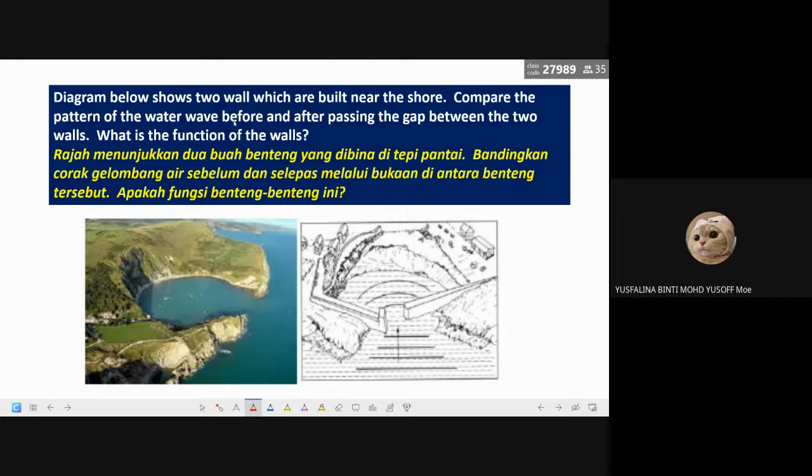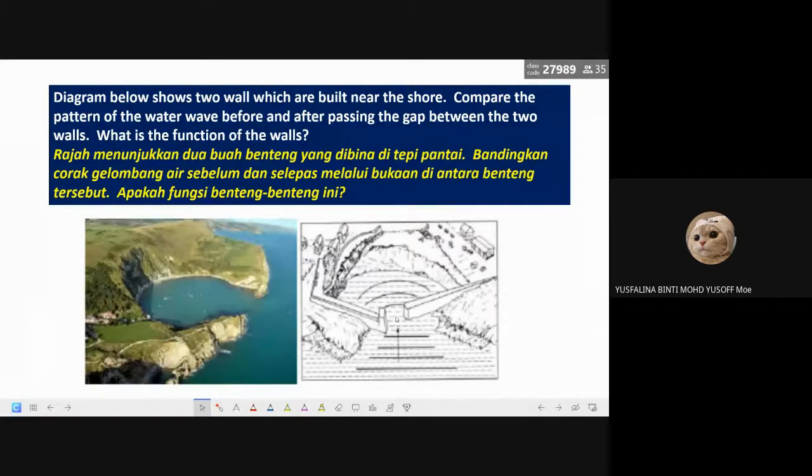Here it says the diagram below shows two walls which are built near the shore. Compare the pattern of the water wave before and after passing the gap between the two walls. You can see that before it passed through the wall, the wave is like a plane wave, right?